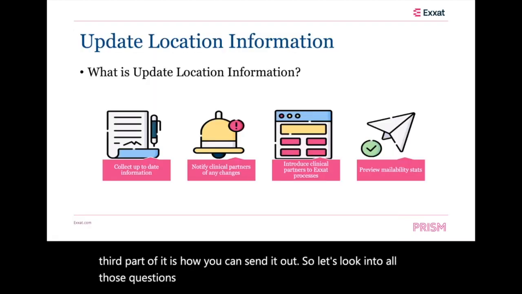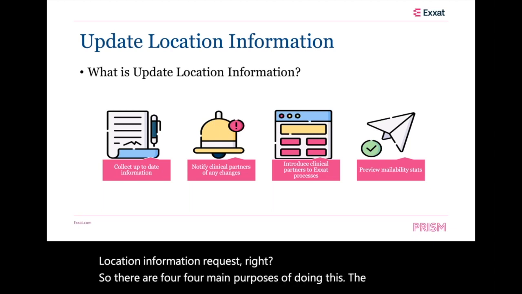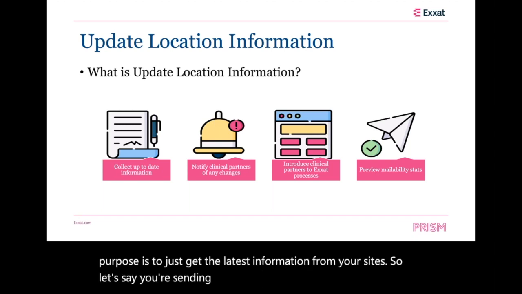Why an update location information request? There are four main purposes of doing this. The first purpose is to get the latest information from your sites. Let's say you're sending your March 1st mailer on March 1st.